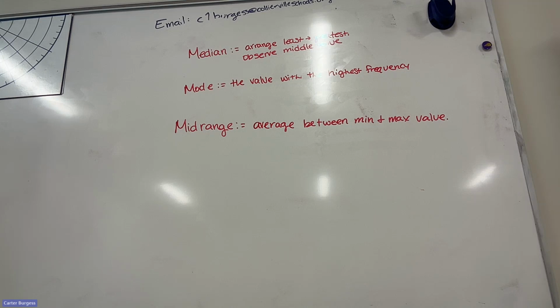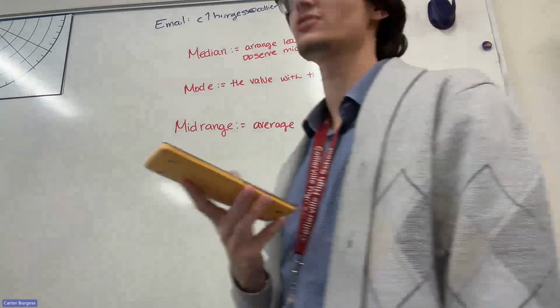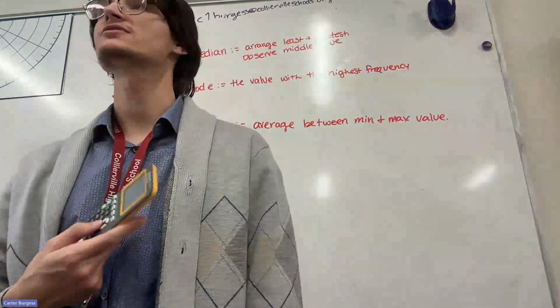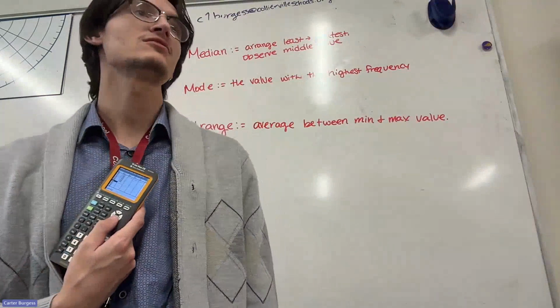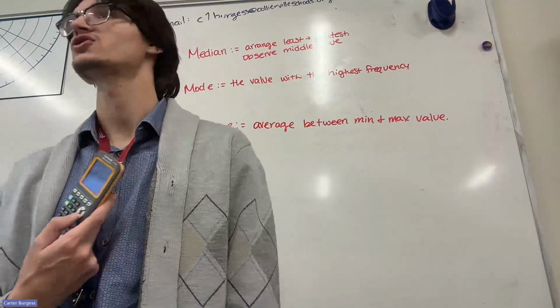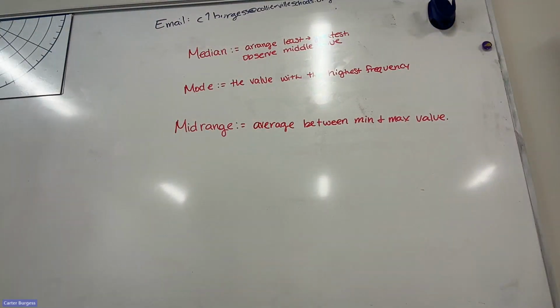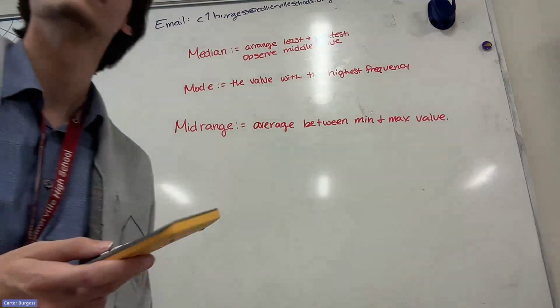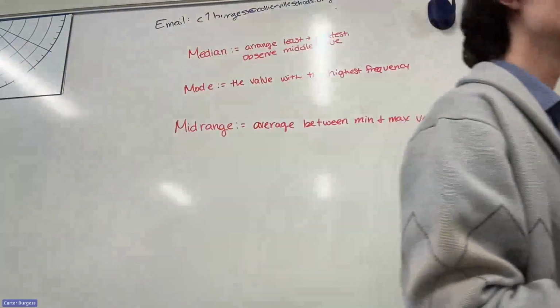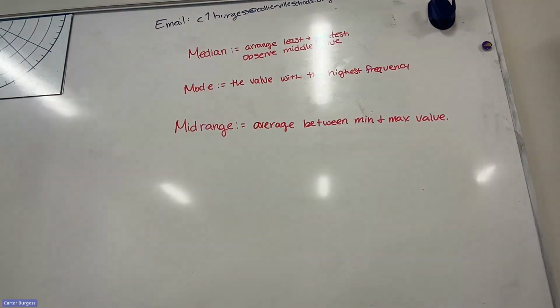Fill out the list first. When you go back into your list, you will notice that all of the values have been arranged from either largest to smallest or smallest to largest, depending on whether you did sort A or sort D. You can either do sort A or sort D, so you go to stat.